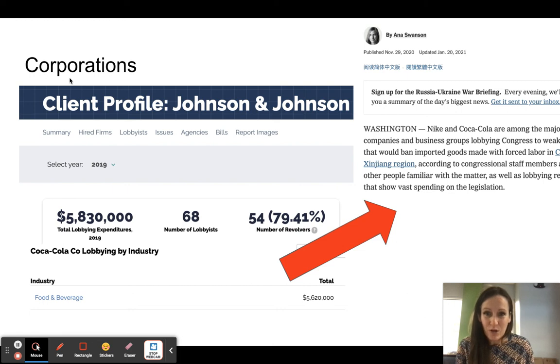Look how much Coca-Cola spends. Also, look at the issue about Nike and Coca-Cola lobbying Congress to not ban goods that come from certain regions of China where the human rights issues are really poor. Right? We should know about this stuff.